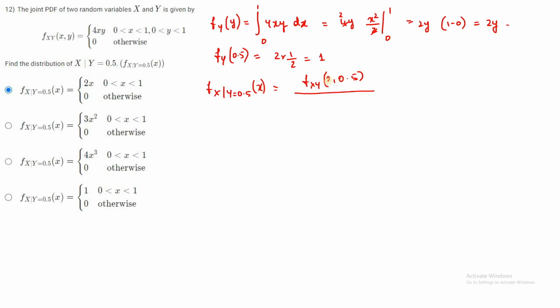So what is the function here? 4xy. So that is nothing but 4x as it is, and this is 1 by 2, whole divided by 1, which is nothing but 2x. So first option is the right one.